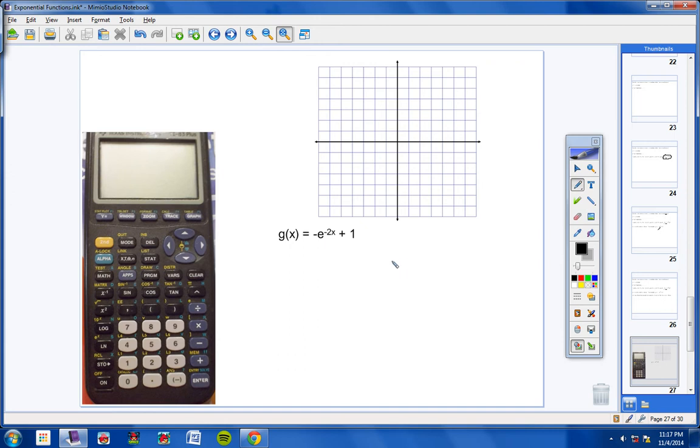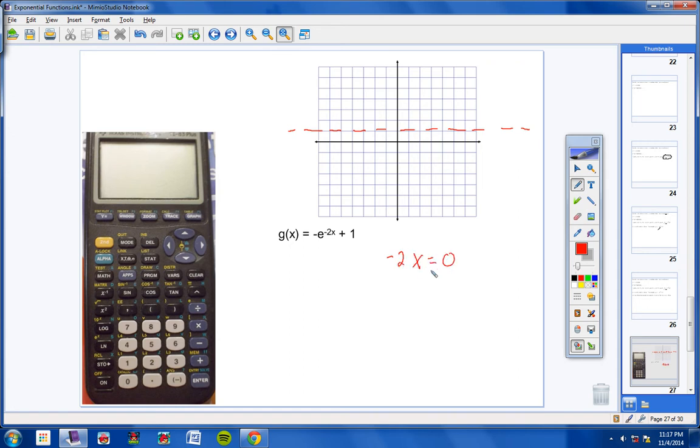Okay, here we go. Step 1, let's find the horizontal asymptote, okay? Well, your constant term is 1 right here. So your horizontal asymptote would be at +1. So there's your horizontal asymptote. Okay, step 2, take the exponent and set it equal to 0 and solve. So -2x equals 0.